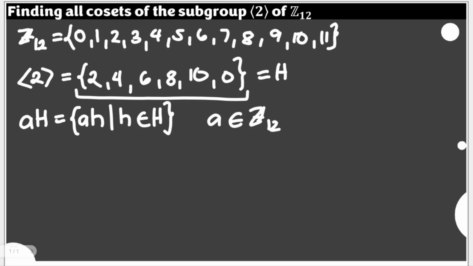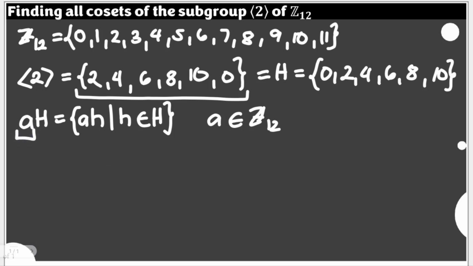Let me write H in, rearranging the elements: 0, 2, 4, 6, 8, and 10. We are going to operate this with all elements of our Z12.